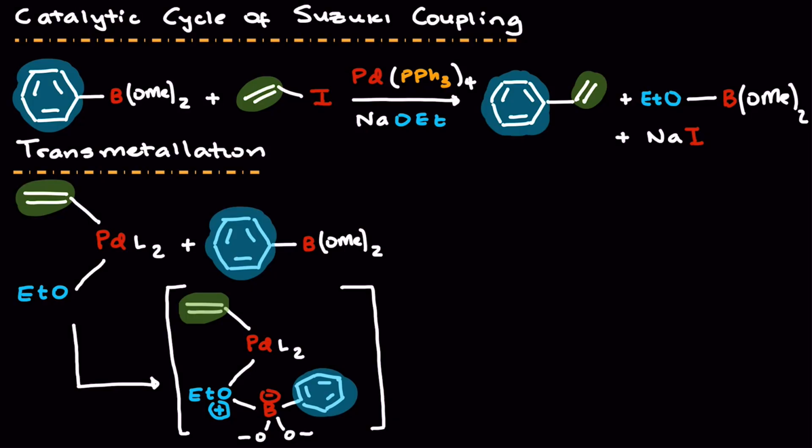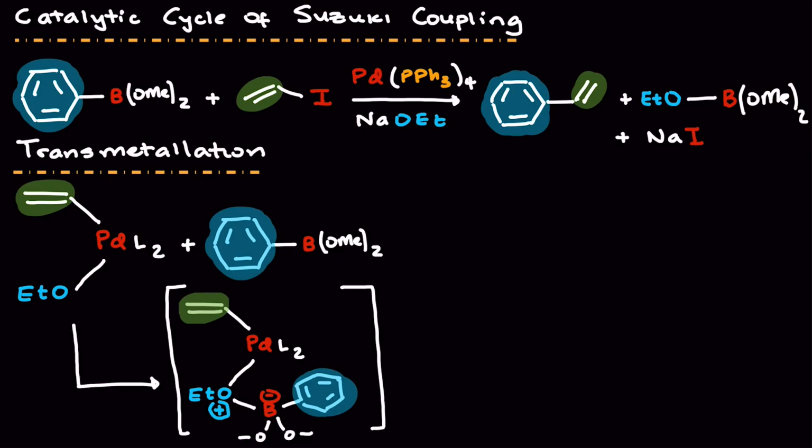And likewise, because boron has a strong affinity to the oxygen, your ethoxide group that was on palladium now has a stronger affinity towards forming a bond to the boron over the palladium. So this is an interesting way in which we are taking advantage of the inherent affinity of boron to oxygen groups to facilitate this transmetallation step.